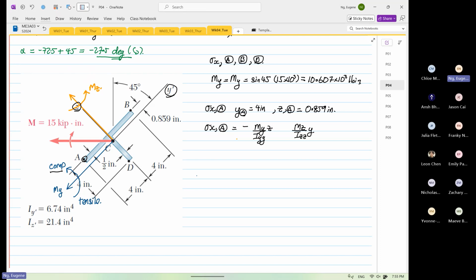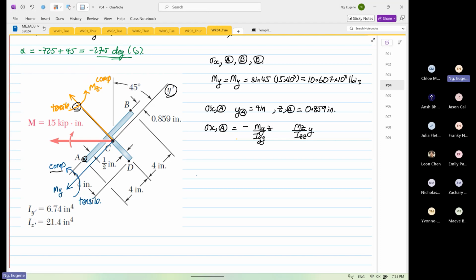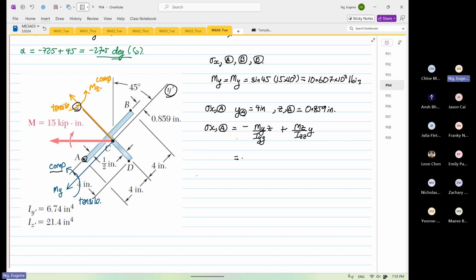And then moment about Z. So if we look at the moment about Z based on the moment vector, this is compression. Over here is tensile. So from here, you realize that moment about Z for point A is going to be positive. Okay. So next we just put in the numbers. The numbers are the easy part, it's the analysis.